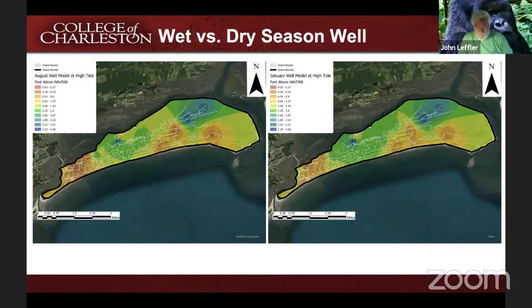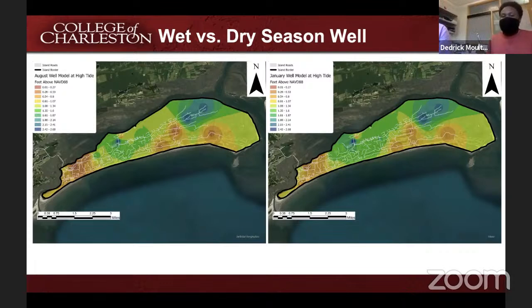It is a reference point. It is not anything physical. No, it is not a physical plane. It's a reference point, and then we're looking at things in relation to that. So how far above that is, that's what we're looking at here, how far above the zero of NAVD 88 it is.